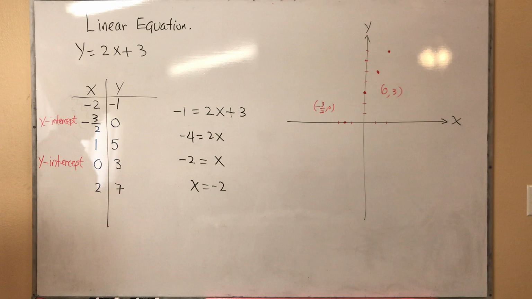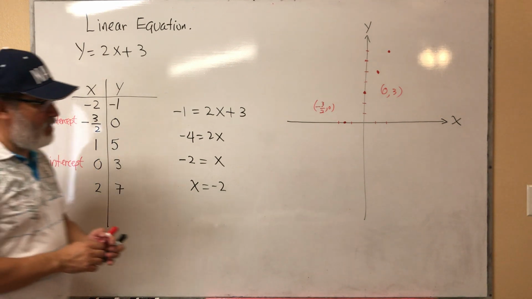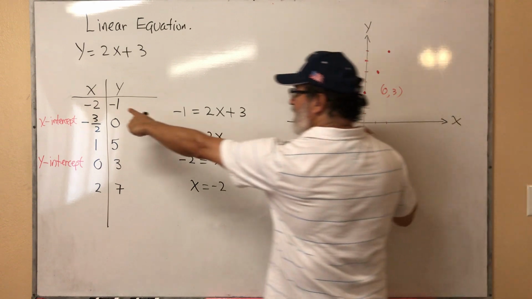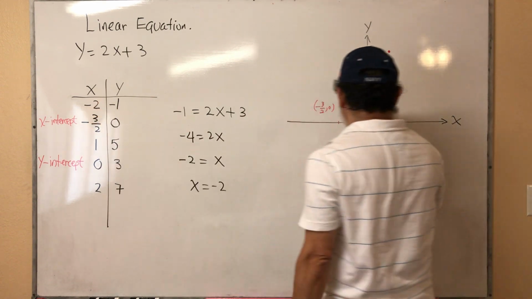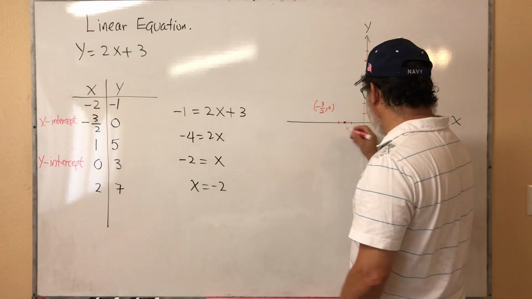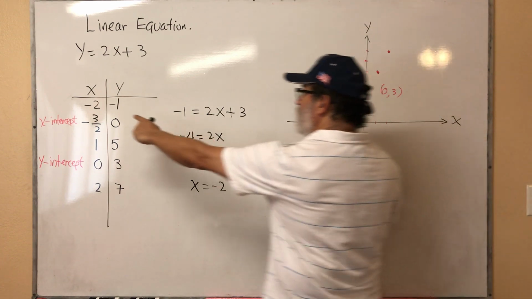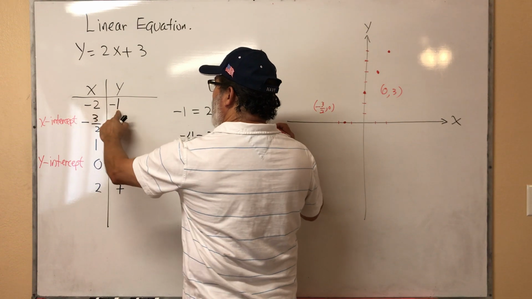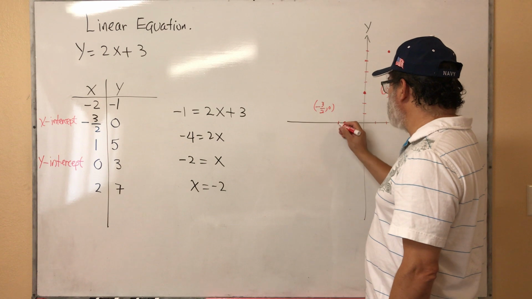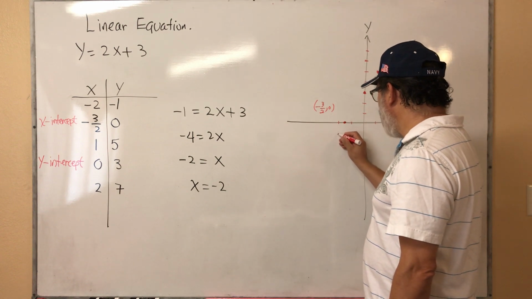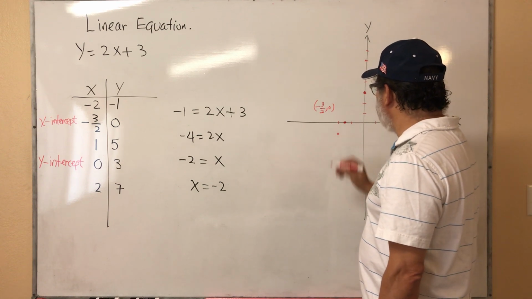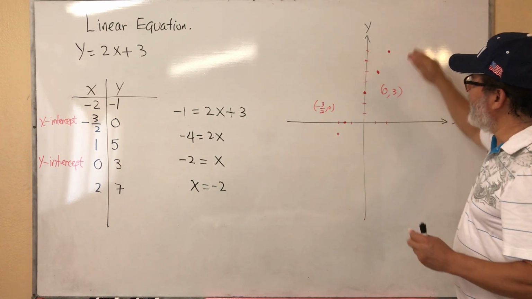All right, go to the origin. When x is -2, look right there. X is -2, y is -1. So you move 2 to the left, 1 down, and here we go. We have another point. And we're getting a line.